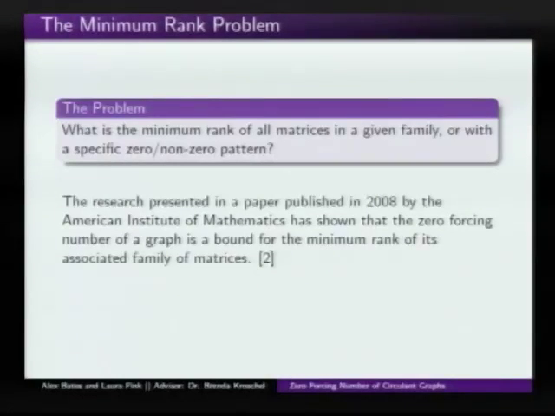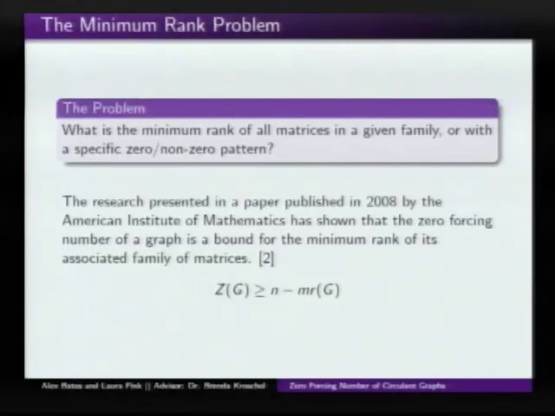And luckily for us, and the reason we're studying circulant graphs, or just graphs in particular, and their zero forcing number, is that the American Institute of Mathematics published a paper in 2008 stating that the zero forcing number of a graph was a bound for the minimum rank of its associated family of matrices.